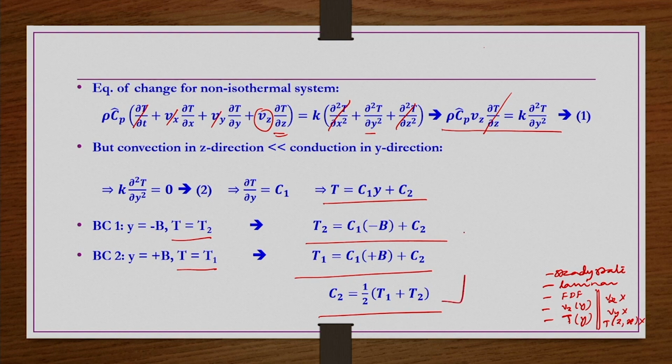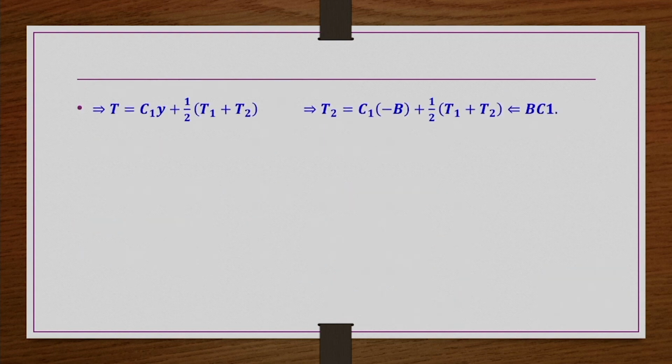Now this C2, if you substitute here, you can get C1. So T equals C1 y plus 1/2 (T1 plus T2). Now the first boundary condition at y equals minus b, T equals T2, so T2 equals C1 times minus b plus C2, where C2 is 1/2 (T1 plus T2).